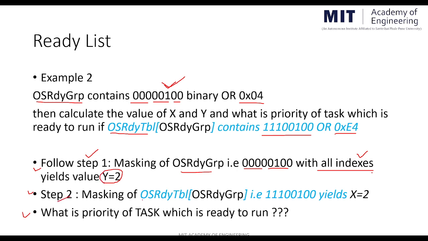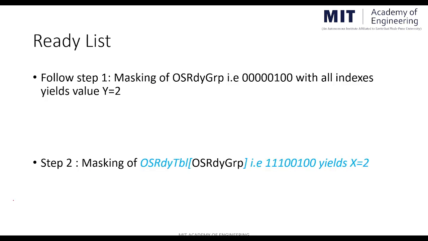Then in step 2 we do the masking of the OSRdyTbl value for the group indicated, which again contains the 8-bit value 11100100, which yields X equal to 2. And then the priority of the task which is ready to run is calculated by a formula. The scheduler has to follow these three steps to calculate the values. So we will have a look at the details of this.